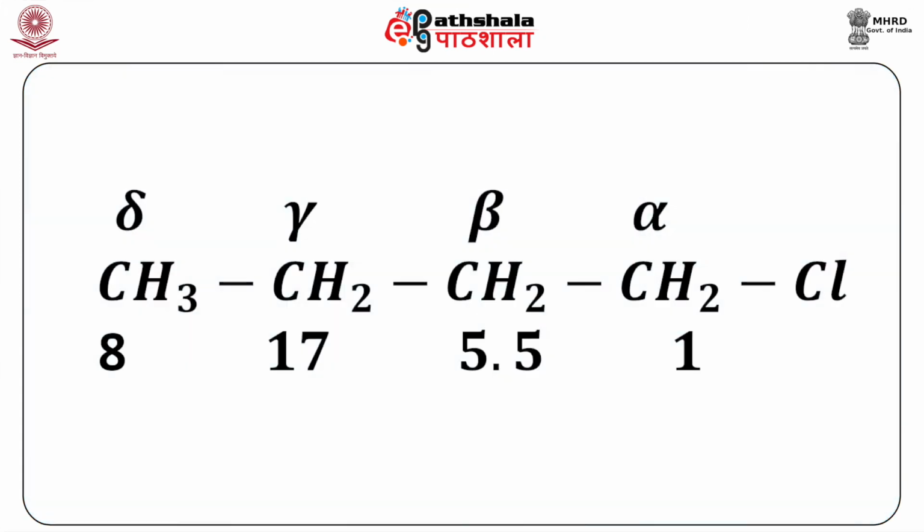For example, the relative reactivities of various hydrogen atoms of N-butyl chloride in photochlorination is shown below. Here we can see the relative reactivities of the alpha, beta, gamma and delta hydrogens is of the order of 1, 5.5, 17 and 8.